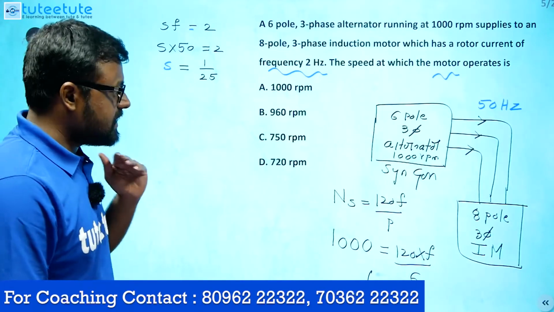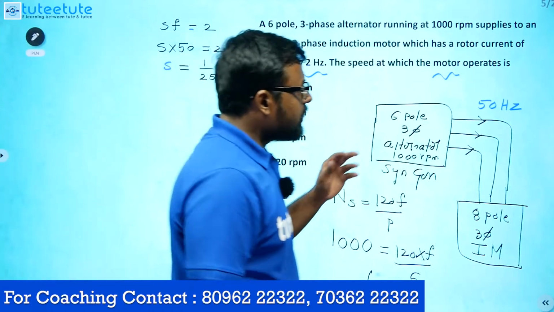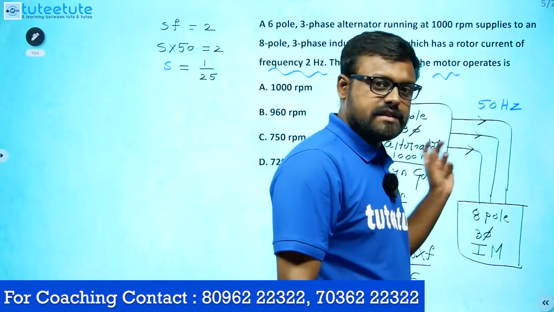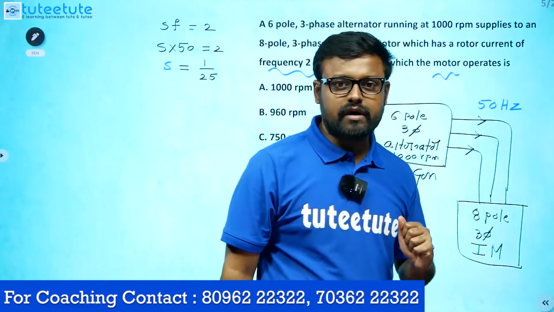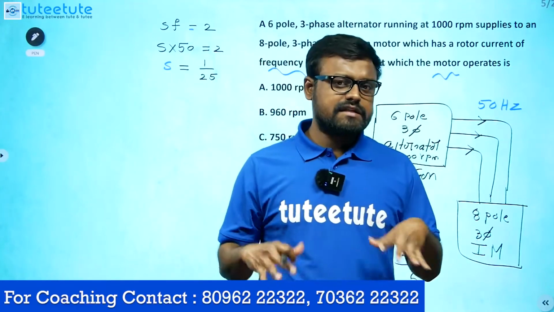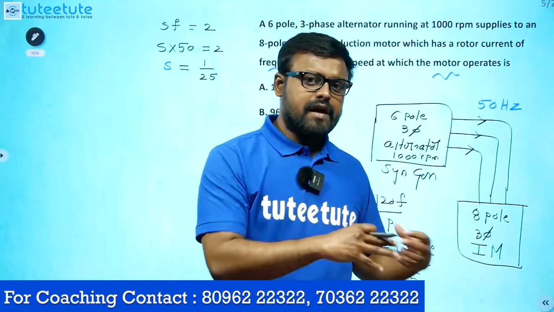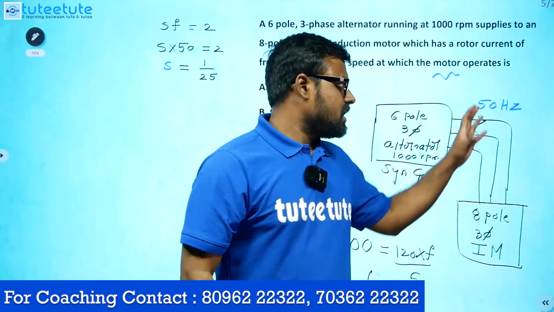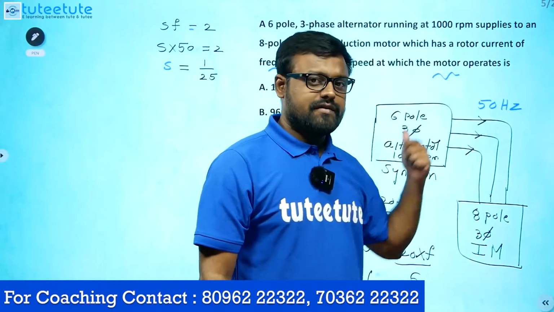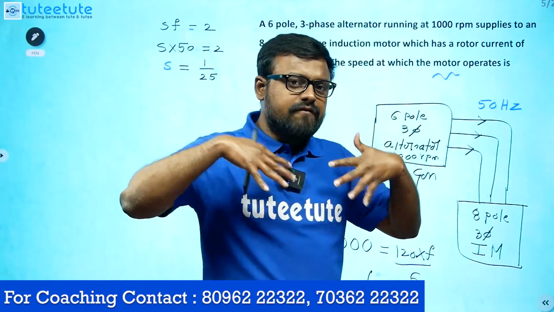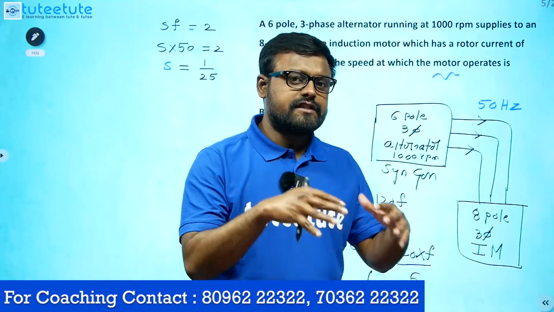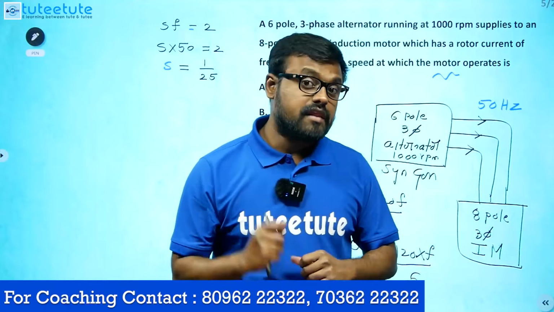Now students, when I have given a 50 Hz supply to the stator of the induction motor, generally, after giving power supply to the stator, the currents have a frequency of 50 Hz. A 3-phase balanced current will flow in the 3-phase balanced winding of the induction motor. Then what will happen, students?